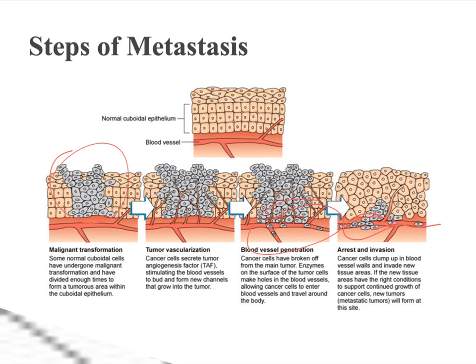The important thing here, and I encourage you to look at the tables in your Iggy book, is the common sites of metastasis for different cancer types. For example, the common sites for breast cancer to metastasize to are the bone, lung, liver, and brain. So when somebody is diagnosed with breast cancer, we know it can metastasize to these other areas.